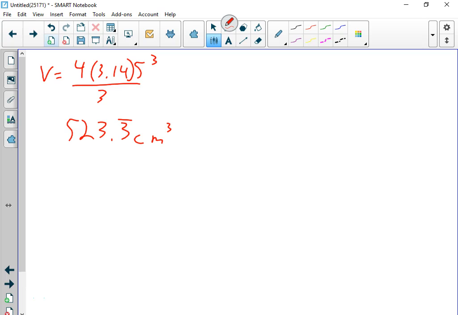Okay? And now we're going to do our cylinder. And our cylinder has a radius of 5 and a height of 6. And remember, volume is pi r squared h for a cylinder. So that's 3.14 times 5 squared times the height, which is 6.